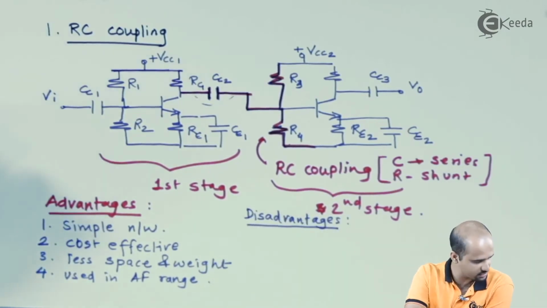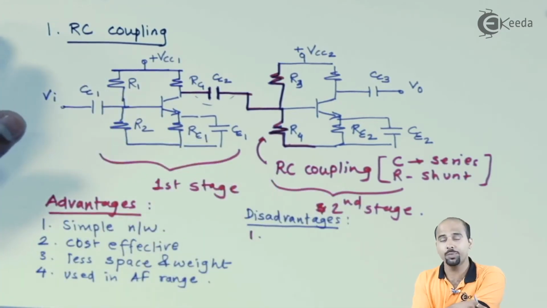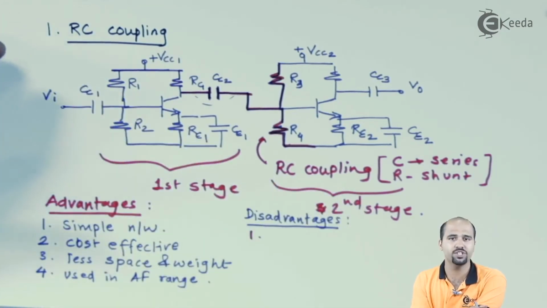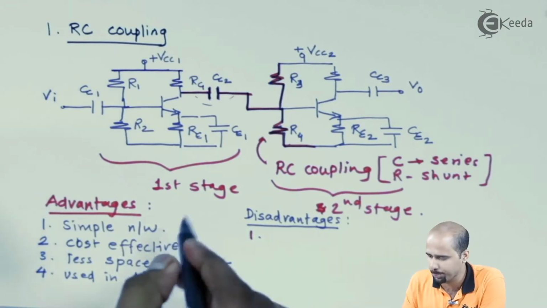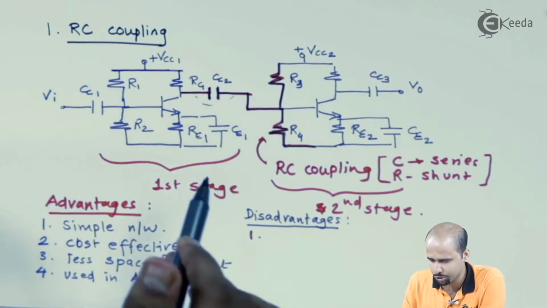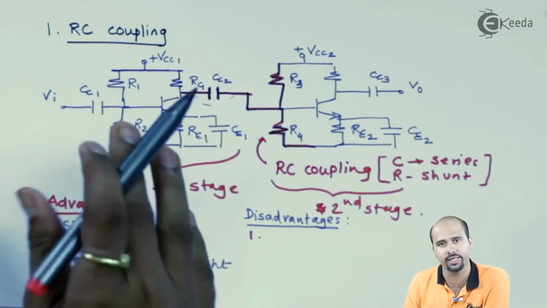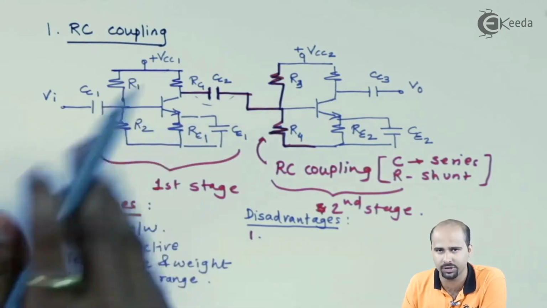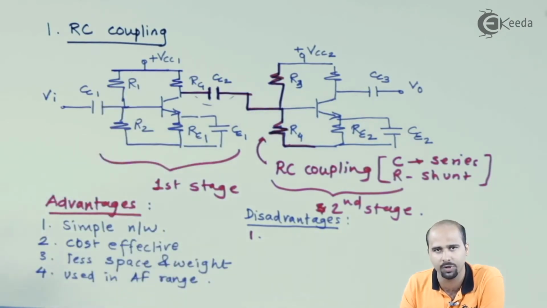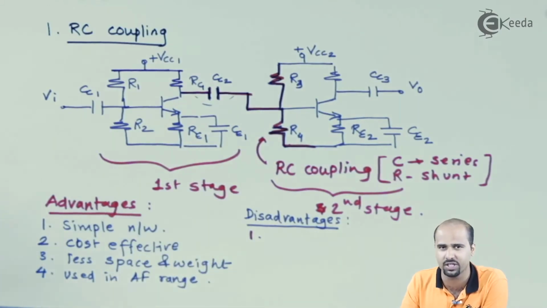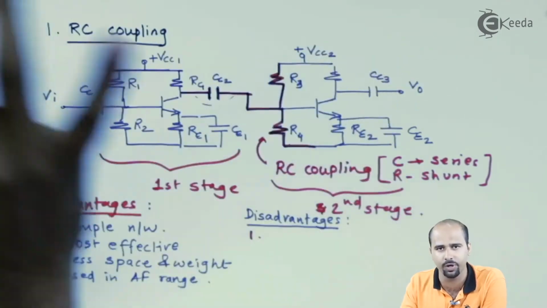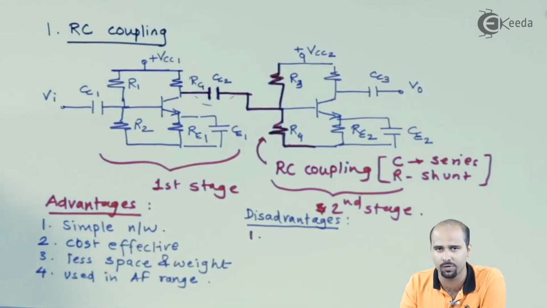The disadvantages, that is, it is not used for impedance matching networks. For example, if we want to connect two circuits having different impedance, for example, the output impedance of the first circuit is not matching the input impedance of the second circuit that I'm going to connect with the output of the first.